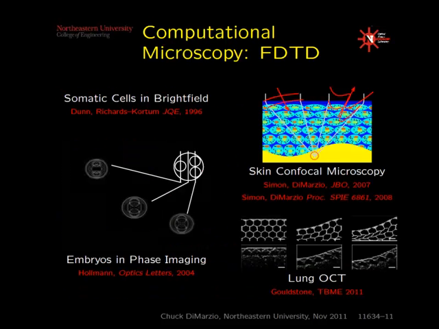Okay, so trying to understand this phenomenon better, we chose to use a technique we call computational microscopy, in analogy with computational electromagnetics, and to basically generate synthetic images that we can take apart and analyze in a way that we can't do real experiments. Everything is done in MATLAB.